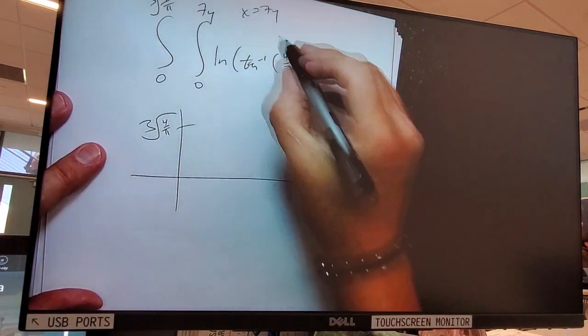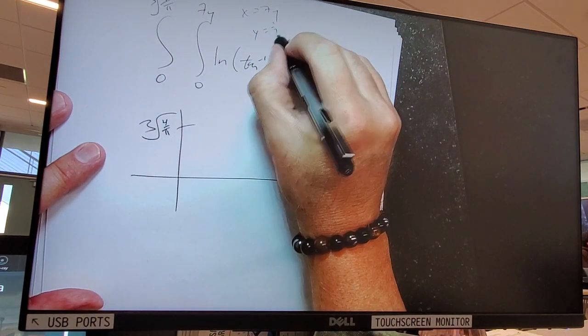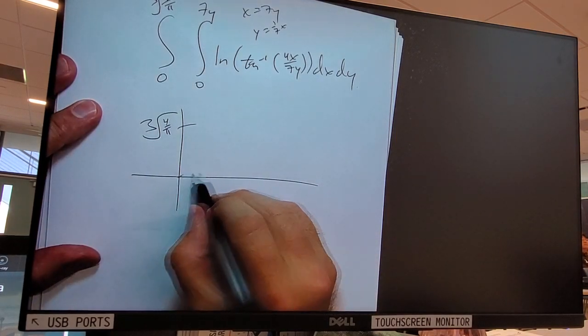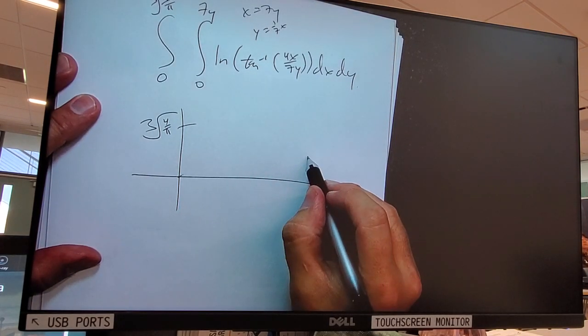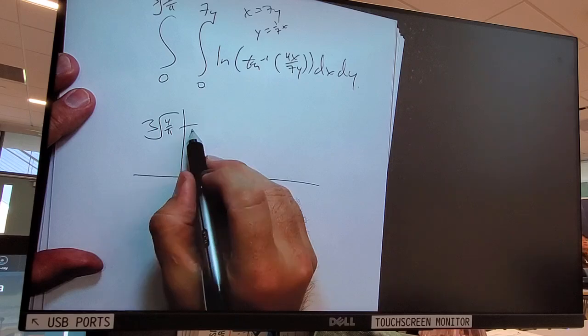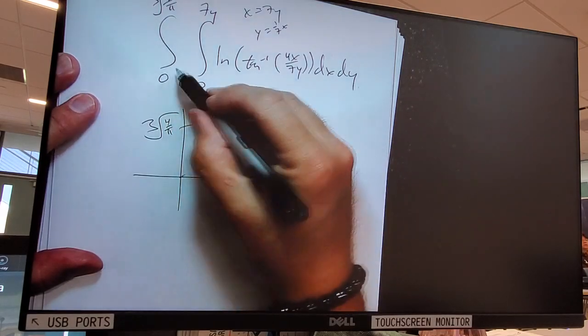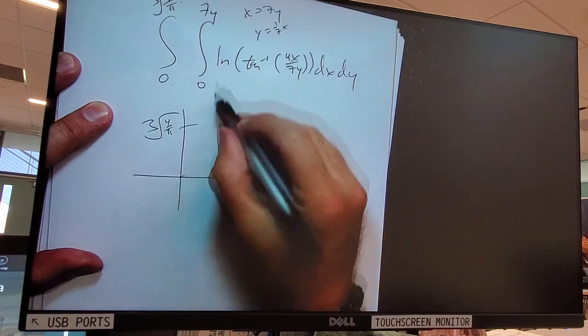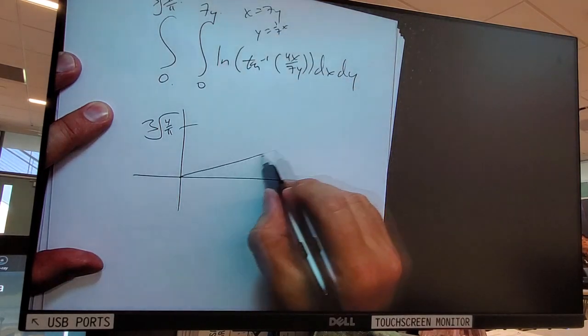No, because what is it really? And when I say what is it really, I just mean the way that we normally look at it, right? So this line should be really sloped low. So I've got my Y going from 0 to that, and my X going from 0 to 7Y.